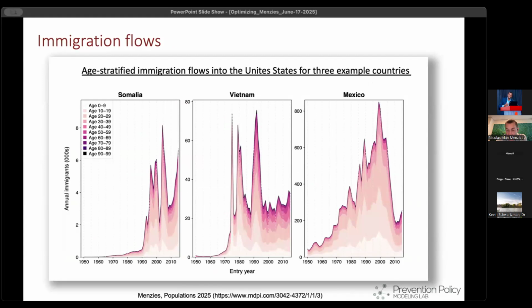We also analyzed the US American Community Survey data, a very large national survey that essentially replaces the decennial census for some questions, which allowed us to characterize migration flows into the United States. Here you can see results for 3 countries, breaking migrants up into age at entry and year of entry.